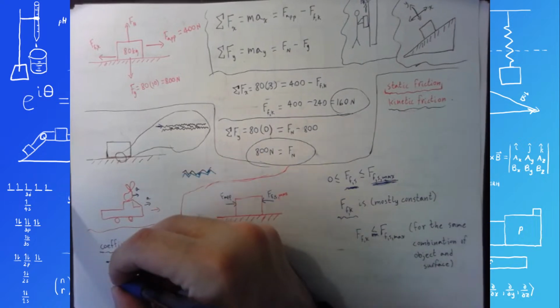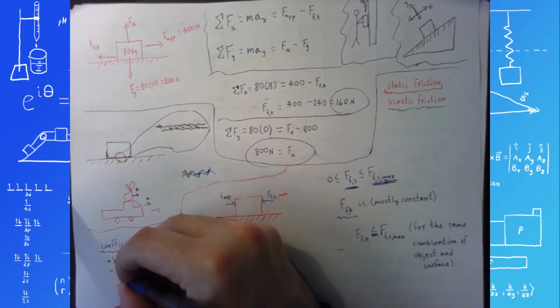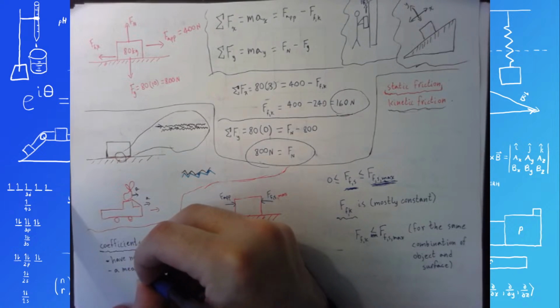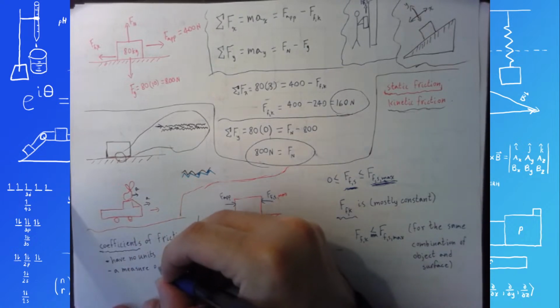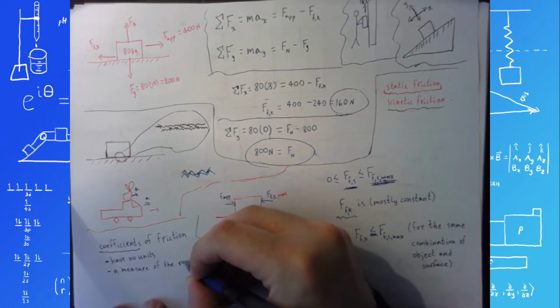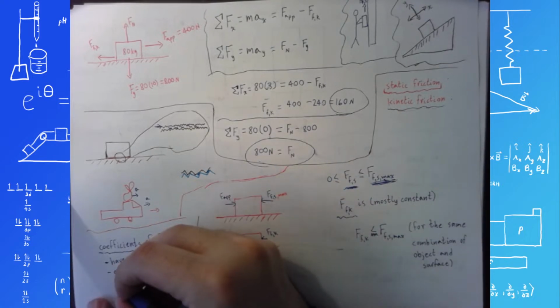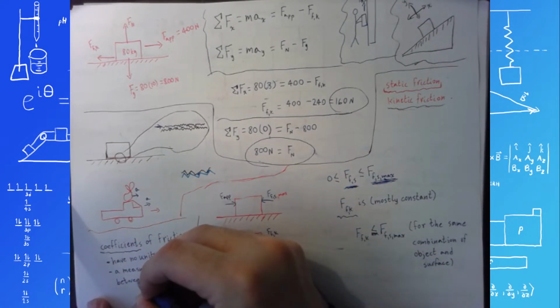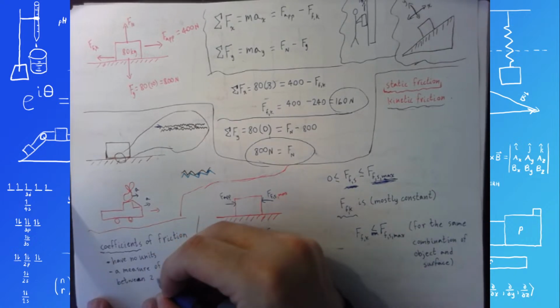Instead, coefficients of friction are a measure of the roughness between two objects.